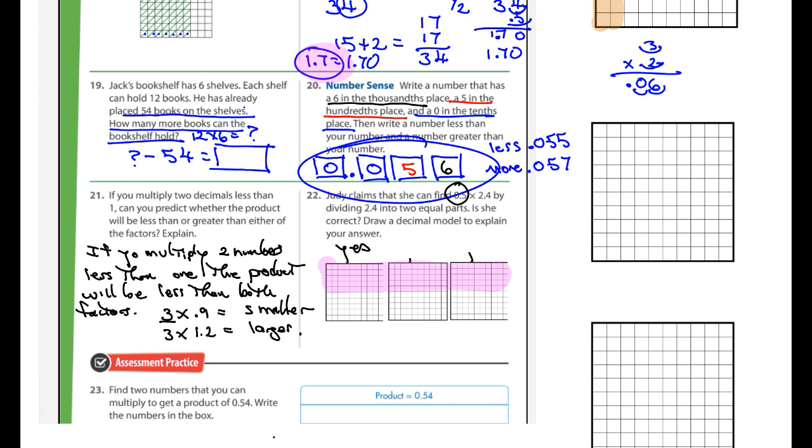And then, let's see here. 2.4. So let's pick a color here. I'll go with brown. So 2.4. Oops, looks like I'm going to be using the same color. So here's 2.